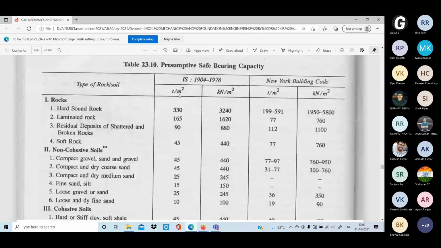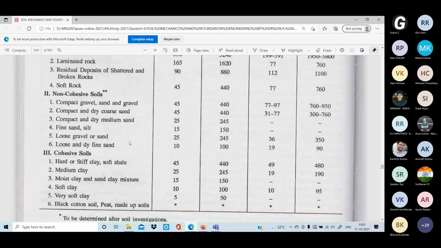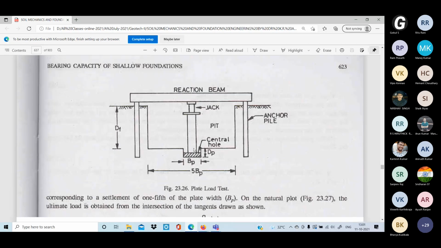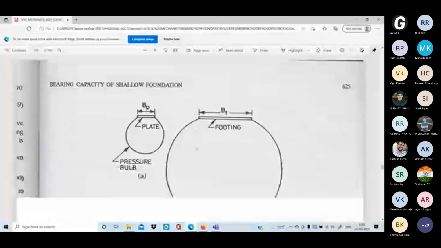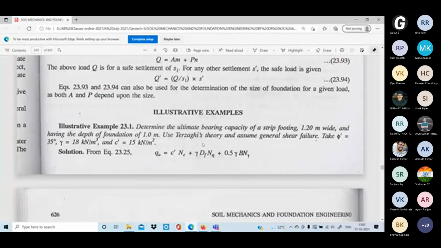And finally, I have shown you some presumptive values to give you an idea of how much bearing capacity one soil will have, given in tons per meter square. Then anyway, this plate load test we saw last semester. Now some examples also we have seen.